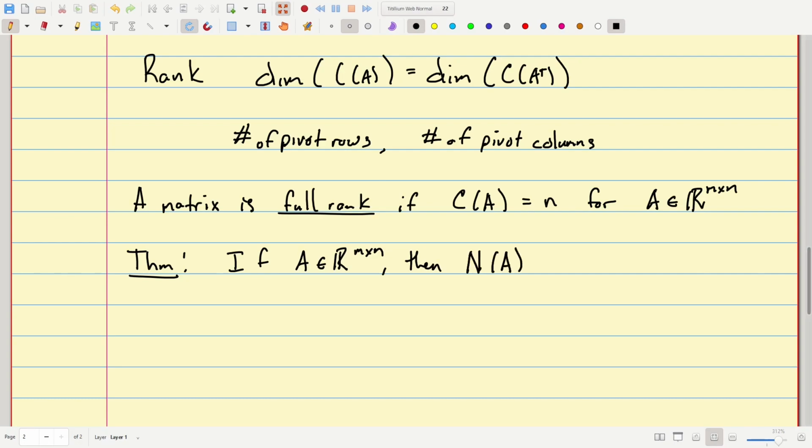Then the null space of that matrix is trivial if and only if A is full rank. That is, the null space is trivial, exactly the zero vector, if and only if A is full rank.